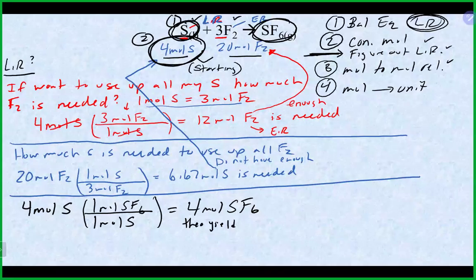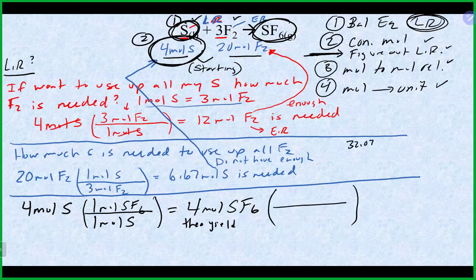If we wanted to go to step number 4, we would then need the molar mass of SF6, which is 32.07 grams per mole for sulfur plus 6 times 19 for our fluorines.